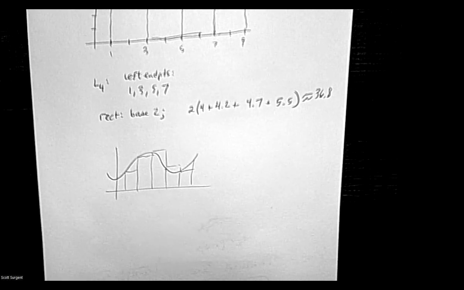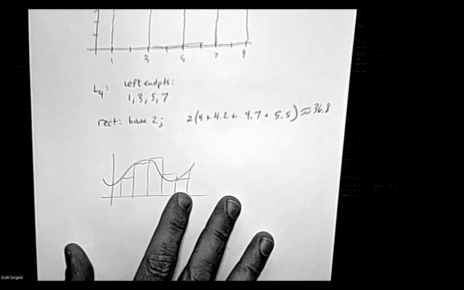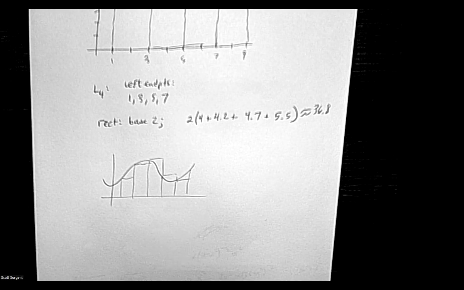I think in the homework there's a section where there's like 10 in a row where you're just figuring out whether it's overestimating or underestimating, and it gives you increasing, decreasing, concave, and convex. When you're doing that, there's a pattern there. If it's increasing, the left value is going to be an underestimate. If it's decreasing, the right value is going to be an underestimate.